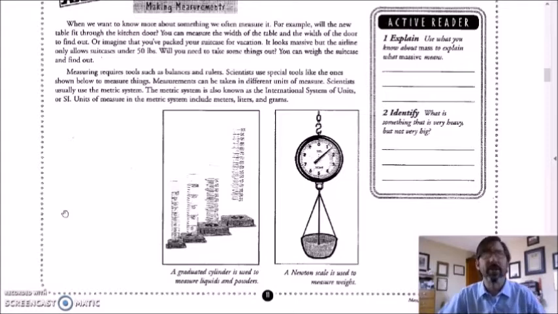Now they're showing you two different tools here. They have graduated cylinders on the left. These are typically used to measure liquids and powders. On the right, you have a spring scale, and it's labeled as a Newton scale, which is used to measure weight.